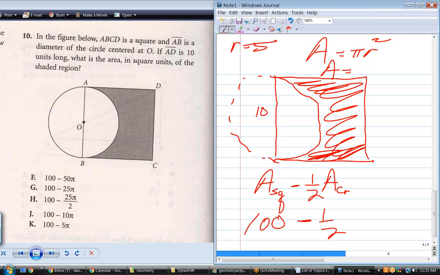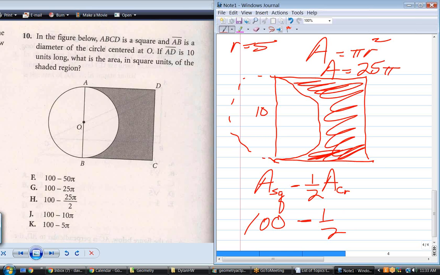If our area is pi r squared and our r is 5, what's the area going to be? What's 5 squared? Not 2 times 5, but 5 squared. Oh, 25 then. My bad. So 25 pi is the area of the whole circle.